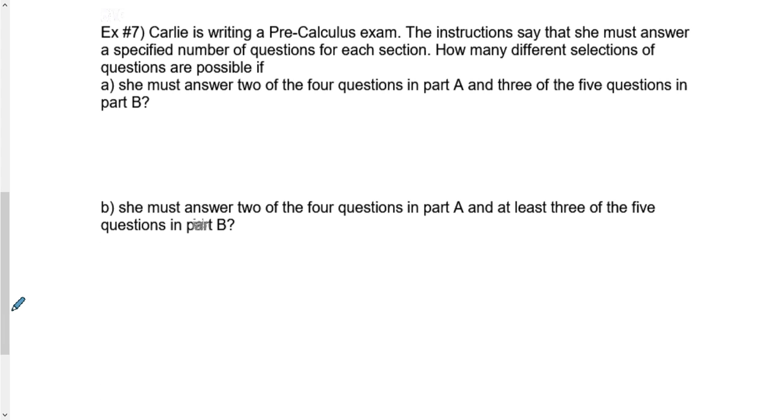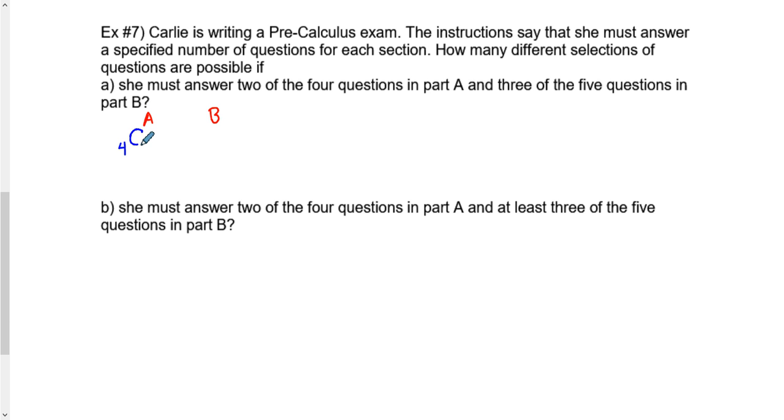What about if Carly is writing a pre-calc exam and the instructions say that she must answer a specified number of questions for each section? So there's going to be 2 sections, a part A and a part B. How many different selections are possible if she has to answer 2 of the 4 questions in part A and 3 of the questions in part B? For part A, there's 4 questions.